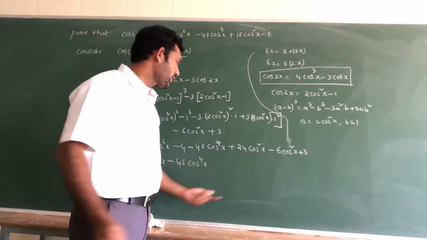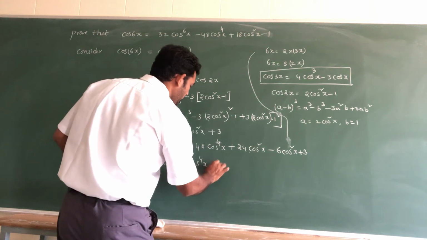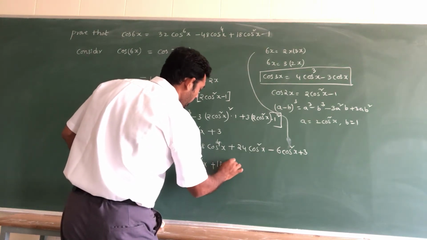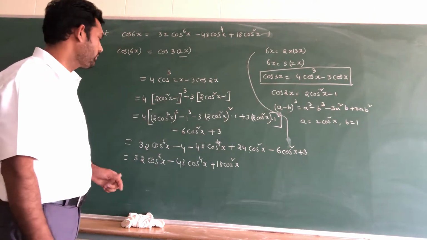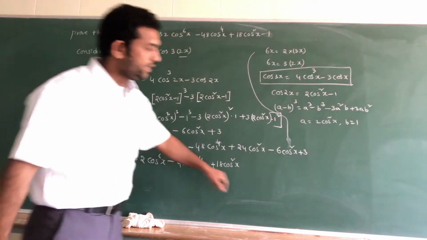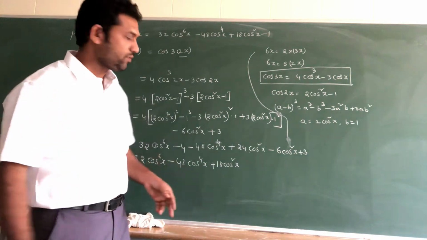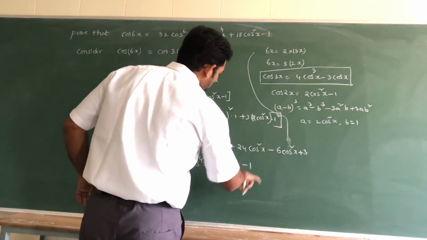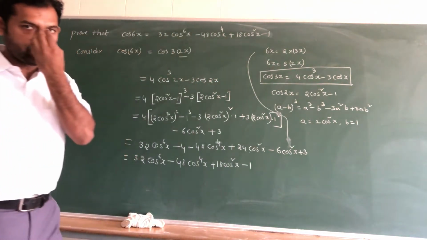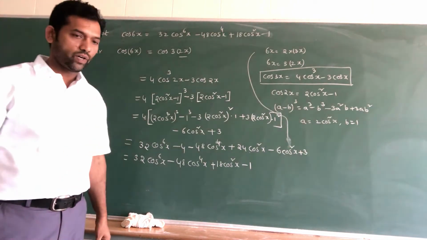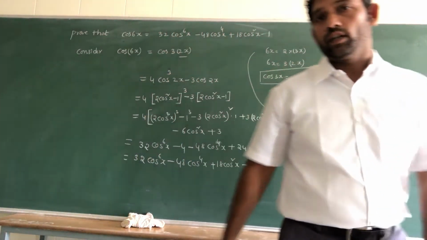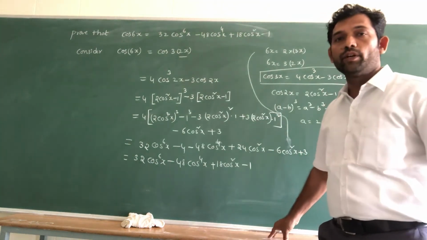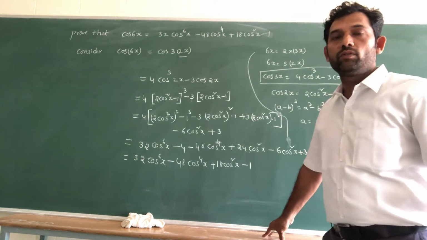So both are subtracted, we are getting plus 18 cos square x. Again, here minus 4 is there, here plus 3 is there. So subtracted, what is remaining? Minus 1 is remaining. Note down fast.